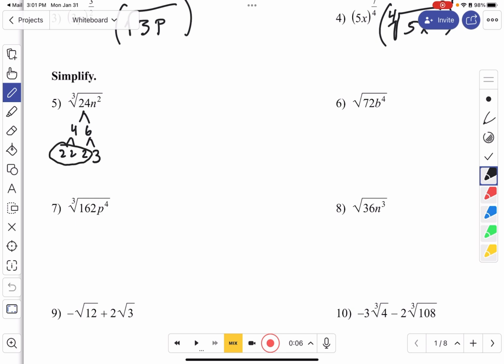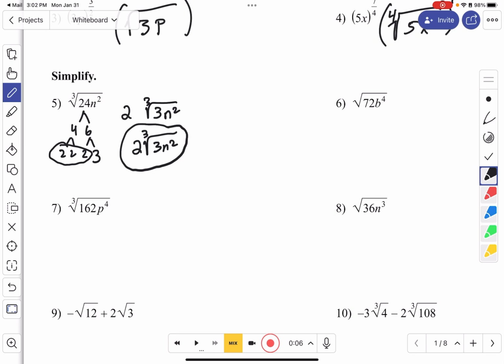I've got 3 2's, so that means it can come out. We've got 1 3, so that has to stay underneath. Now I've got n and n, so I don't have a group of 3 n's, so n squared is going to stay underneath. So our answer is 2 times the cubed root of 3n squared. You're done.